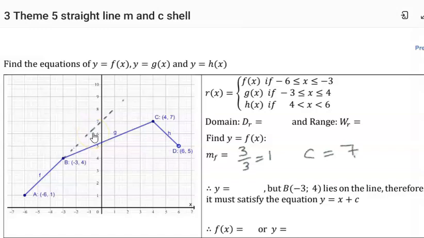But if we're not sure about that value, if you cannot read it off, then we can use this point B, minus 3, 4.